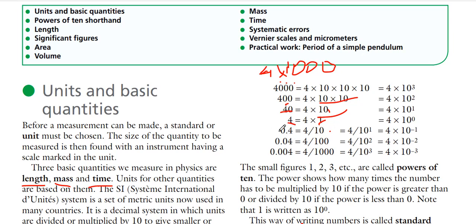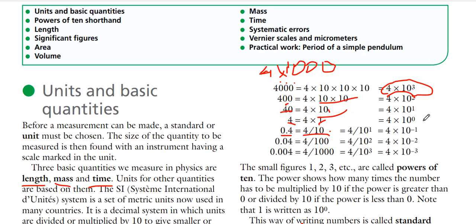Easy as that. And if there's a 0.4, you basically divide it by 10. Now you count the number of tens there is. So here is 1, 2, 3, so it's basically 4 times 10 to the power of 3, as shown here. Now here it's 4 times 10 to the power of 0 because there are no tens.